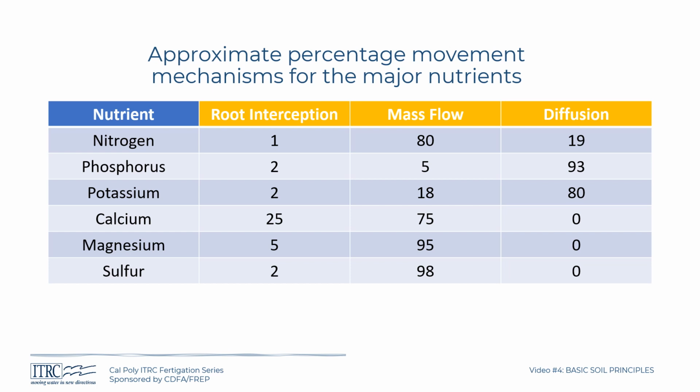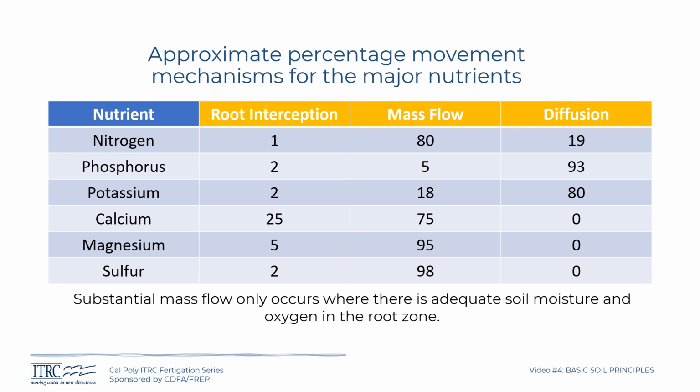This is just diffusion of the chemical itself in that water, and it moves towards the area of lower concentration. Calcium then is similar to nitrogen. In fact, the vast majority of the others flow with mass flow. So phosphorus and potassium are sort of special here. They're over here on the diffusion side. The rest of them are primarily mass flow.